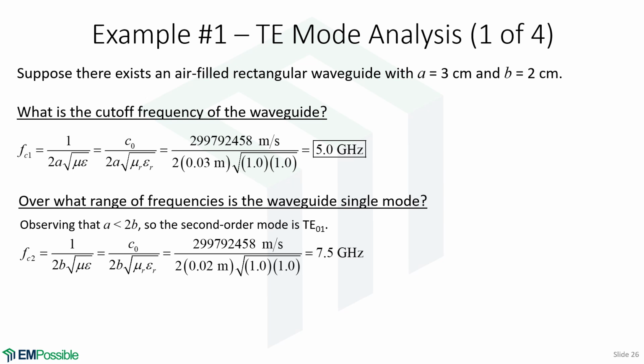So we'll plug in our equation for the TE01 mode, and we get 7.5 gigahertz. So our final answer is this waveguide is single mode from 5 to 7.5 gigahertz. Below 5 gigahertz, no modes exist. Above 7.5 gigahertz, we have at least 2 modes that would be supported by that waveguide.